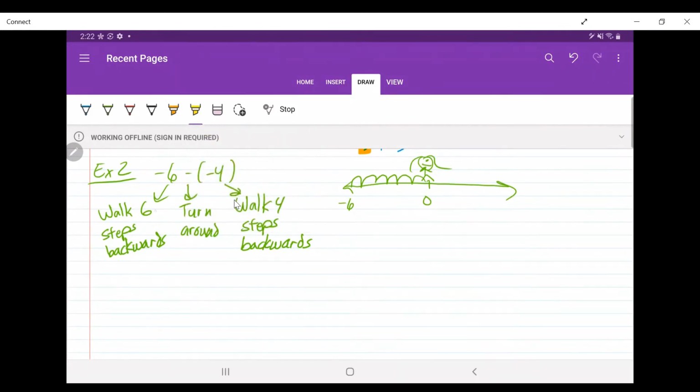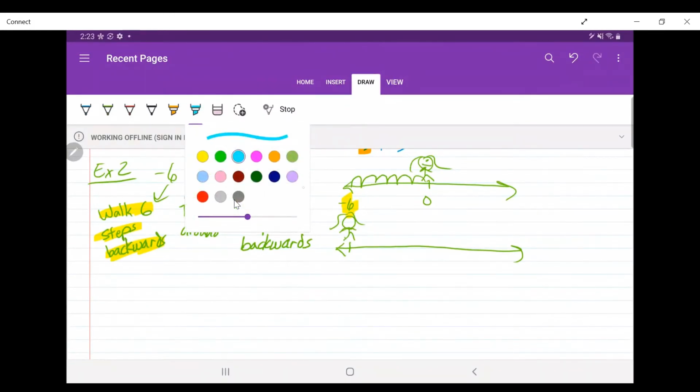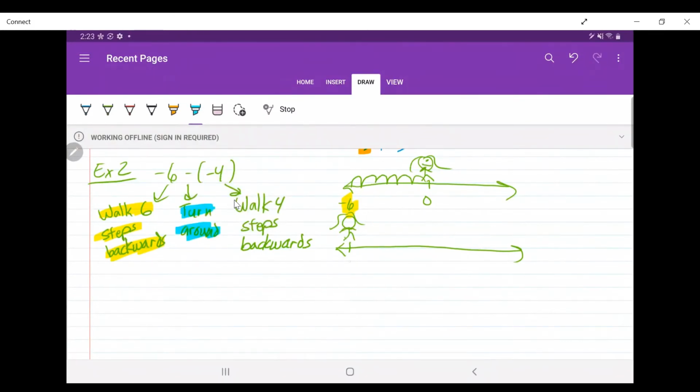So first thing we do is walk 6 steps backwards, and we'll be here now. Once we walk 6 steps backwards, we need to turn around. And we're still at -6, but when we turn around, our face is facing to the left now.